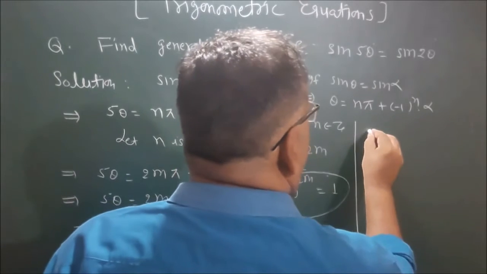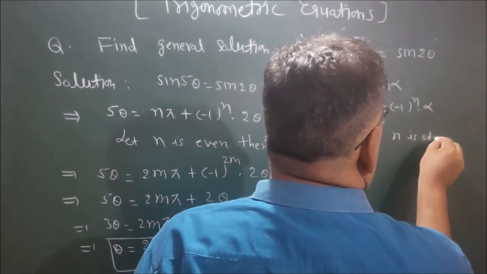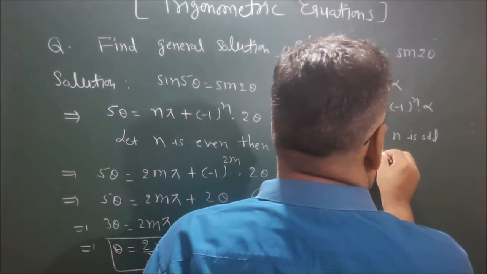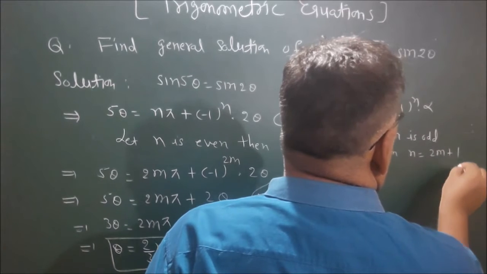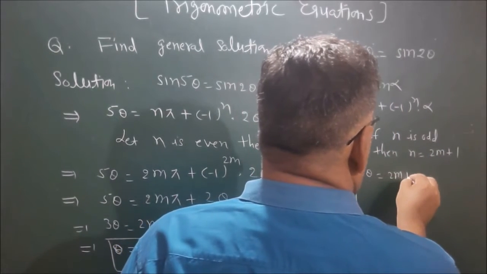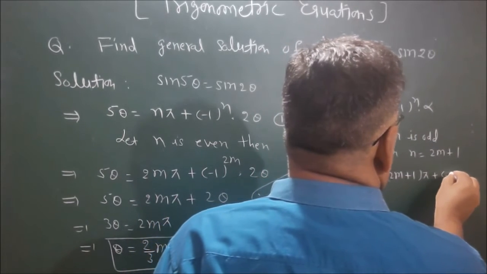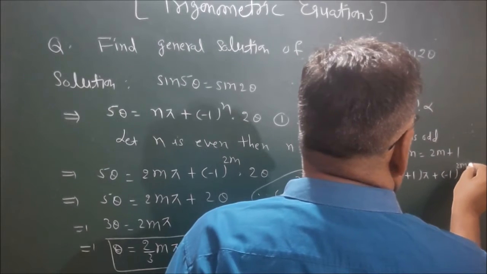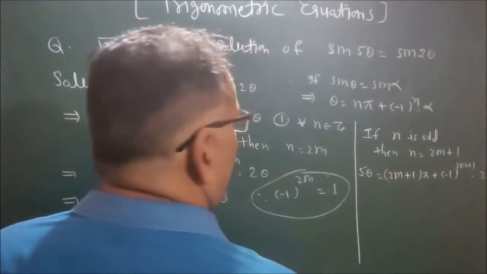Now if n is odd, then n can be taken as 2m plus 1. Then 5 theta equal to 2m plus 1 pi plus minus 1 to the power 2m plus 1 into 2 theta.